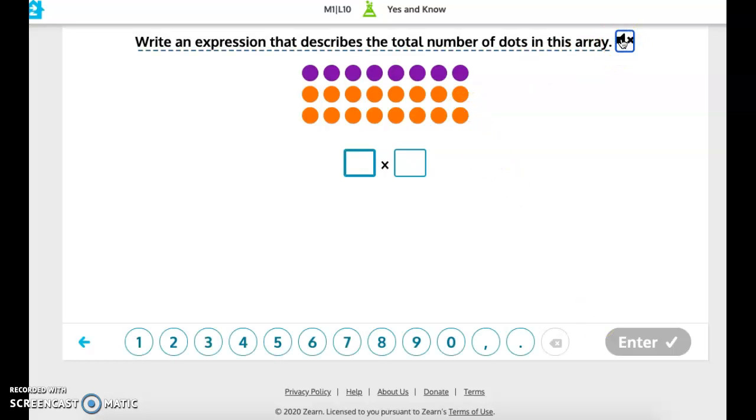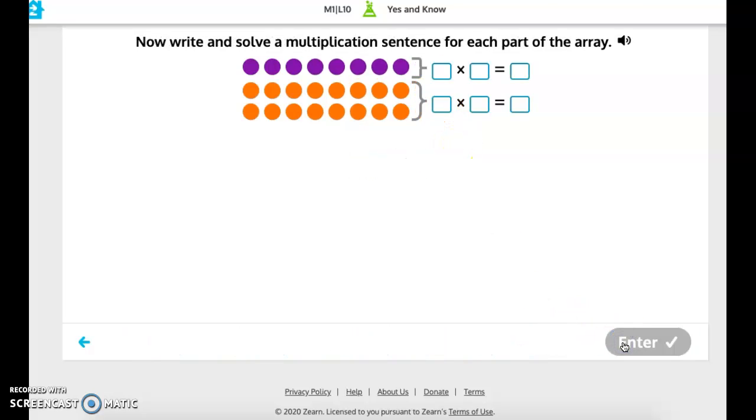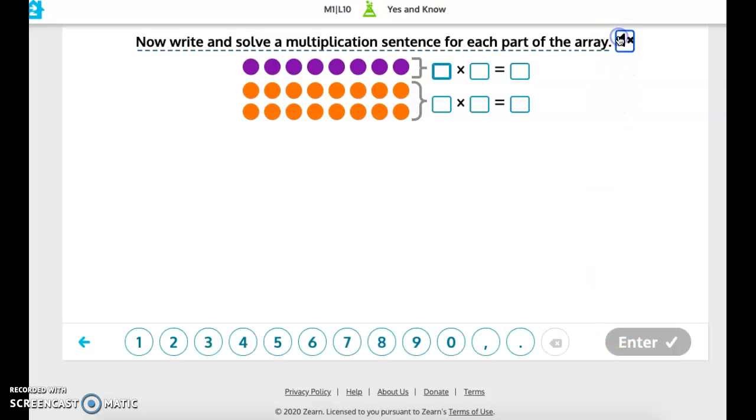Write an expression that describes the total number of dots in this array. Now write and solve a multiplication sentence for each part of the array.